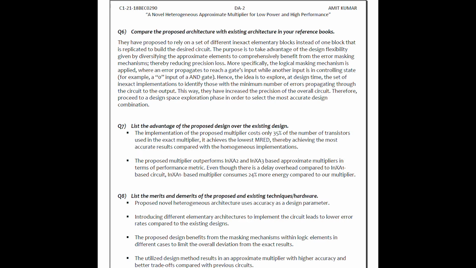So in this paper, they have proposed to rely on a set of different intact elementary blocks instead of one block that is replicated to build a desired circuit. The purpose is to take advantage of the design flexibility given by diversifying the approximate elements to comprehensively benefit from the error masking mechanism, thereby reducing the precision loss.